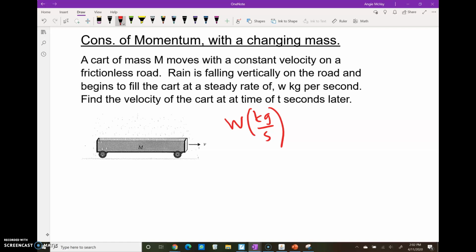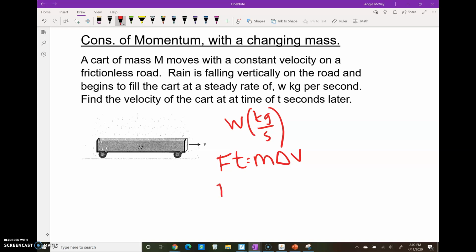Okay, so we've got force times time equals mass times change in speed. Begins to fall at a steady rate of W kilograms per second.